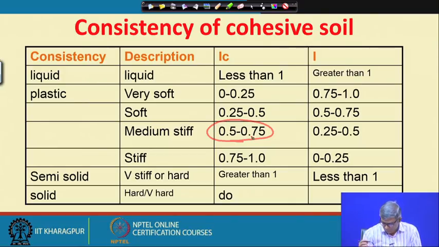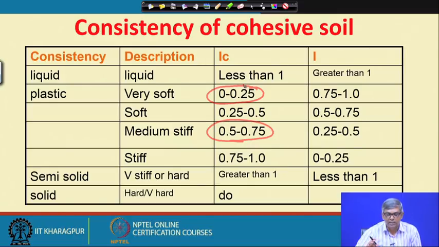Soil B has 0.25, that means this range, so its consistency is very soft. So soil A is medium stiff and soil B is very soft.